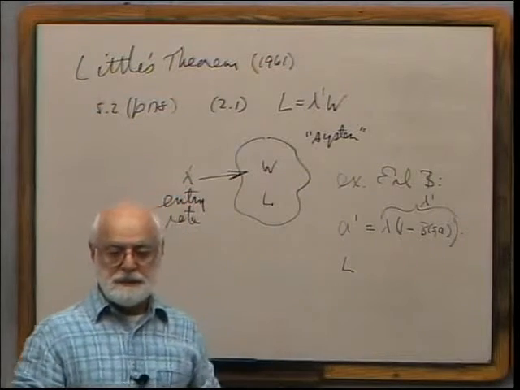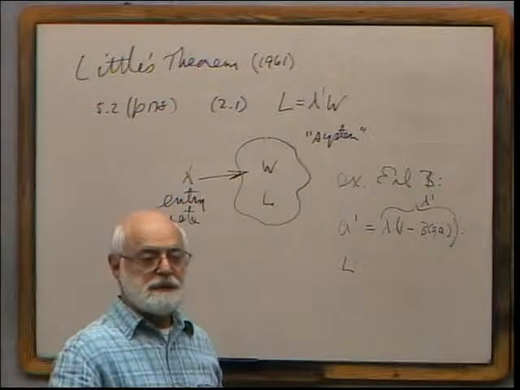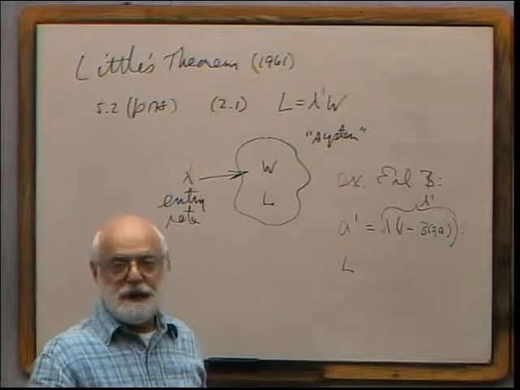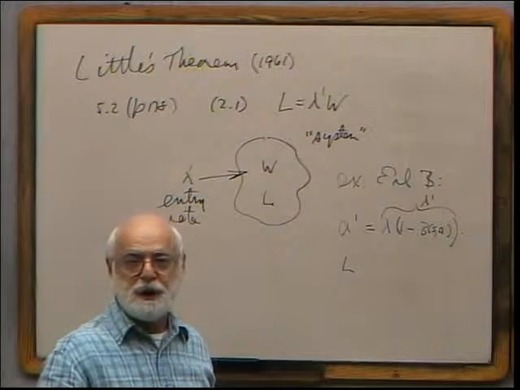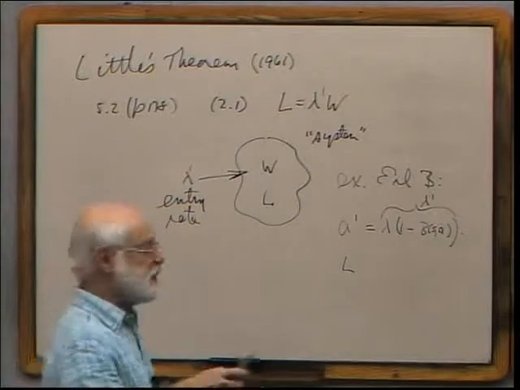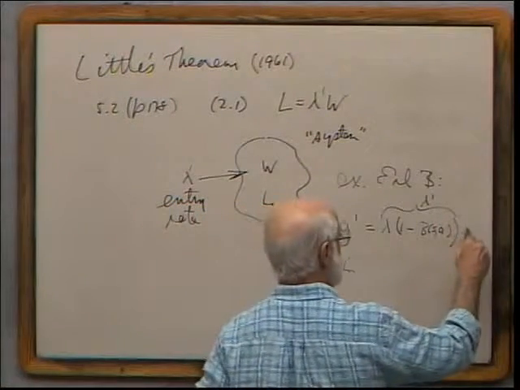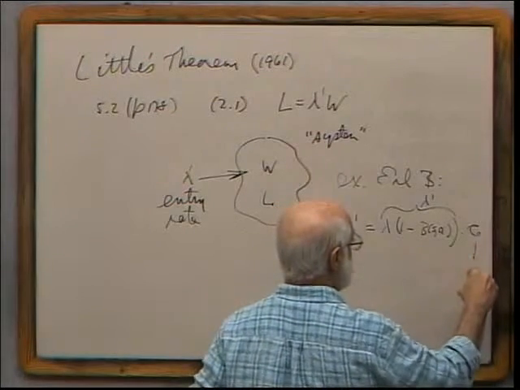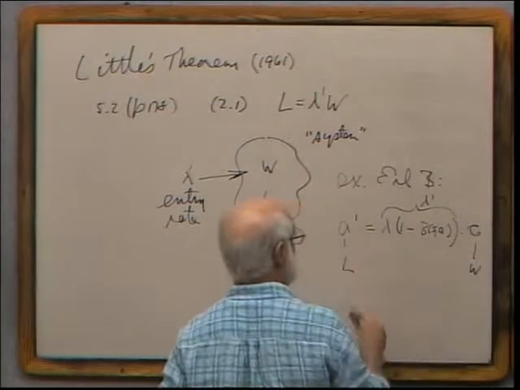Now, when they enter, how much time do they spend in the system? Well, they spend their service time, because remember, they're entering right into the servers. The average service time is by definition tau. So this part right here is W. That's L. That's lambda prime.